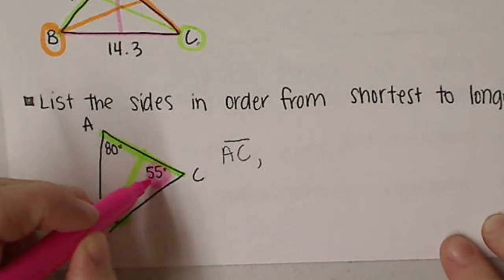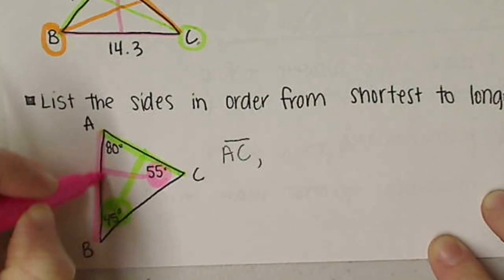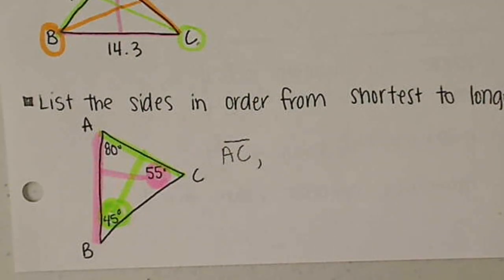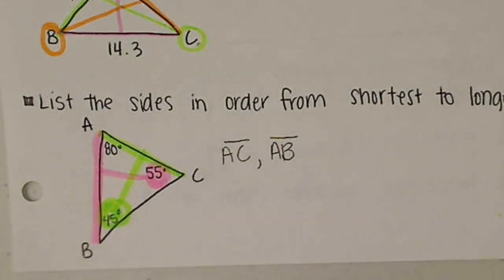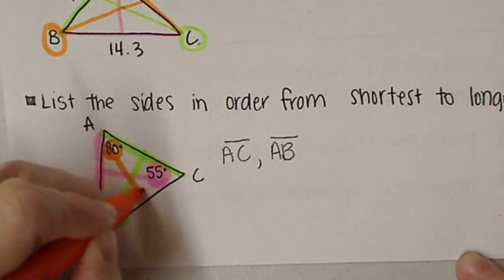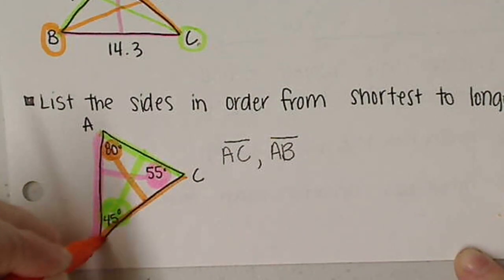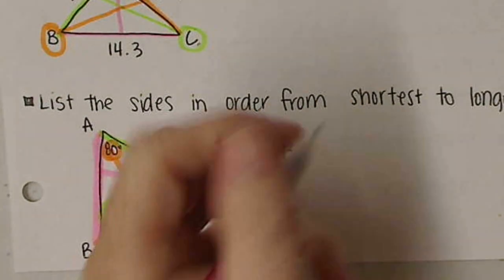The side directly across from it is AB. So AB is going to be the next smallest. And that leaves only one more side. 80 degrees corresponds to that last side of BC.